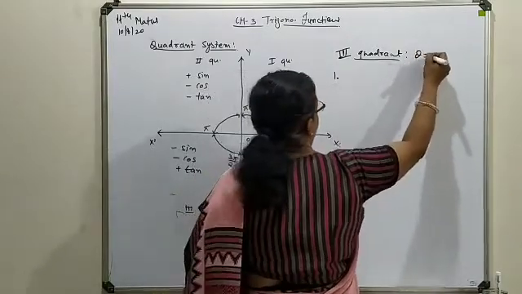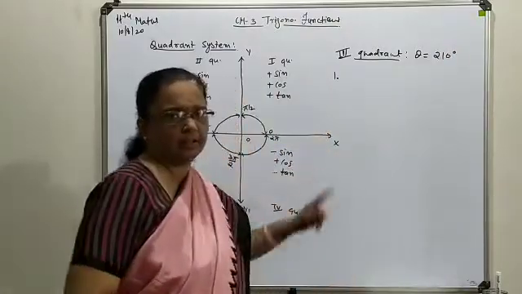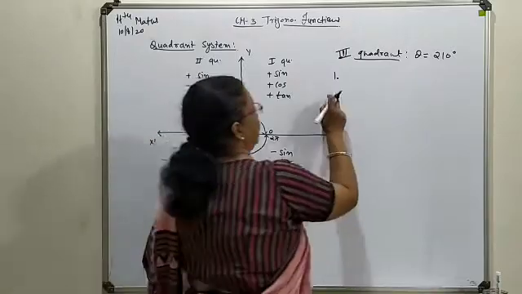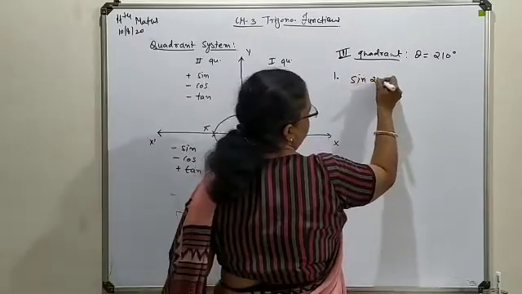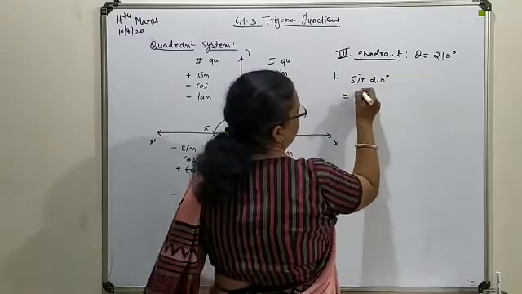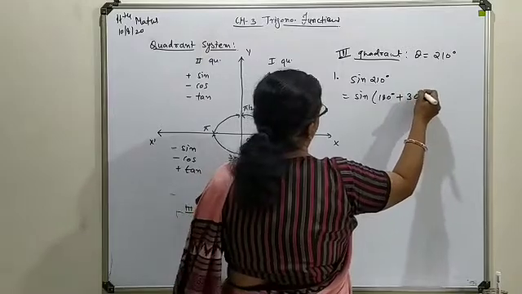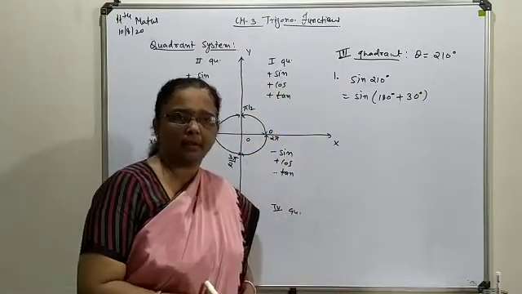Theta is 210 degree. Obviously it is 180 plus 30. So here we write sine of 210. It can be expressed as sine of 180 plus 30 degree. Now here your theta is 30 degree.